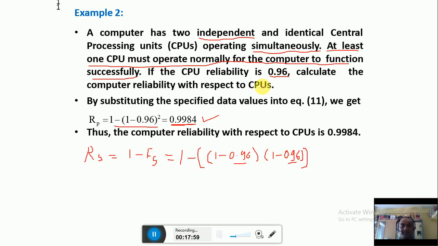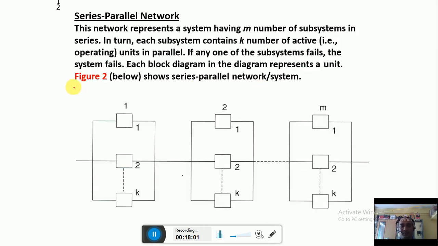This is the meaning. Okay, so let us move towards the series-parallel network, that is the combination of both series and parallel. Sometimes it may also happen, like even if you consider a lathe machine or your bike, there are many systems available in the parent system. Like in your lathe machine, you can see the headstock is there, the tailstock is there.